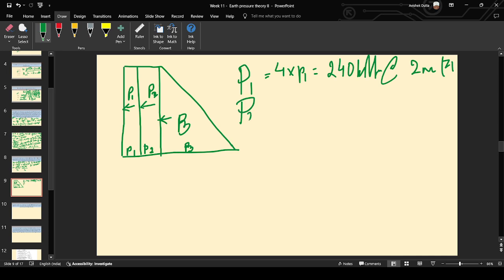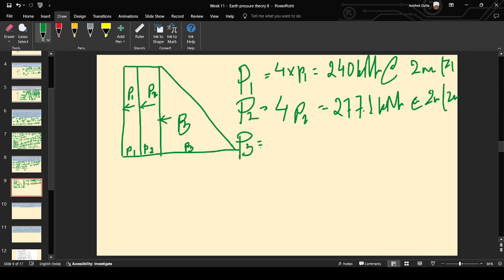What is P2? Again 4 into P2. P2 is 69.28, so approximately 277.1 kilonewton per meter, acting again at 2 meter from the base, Z2 suppose. What is P3?